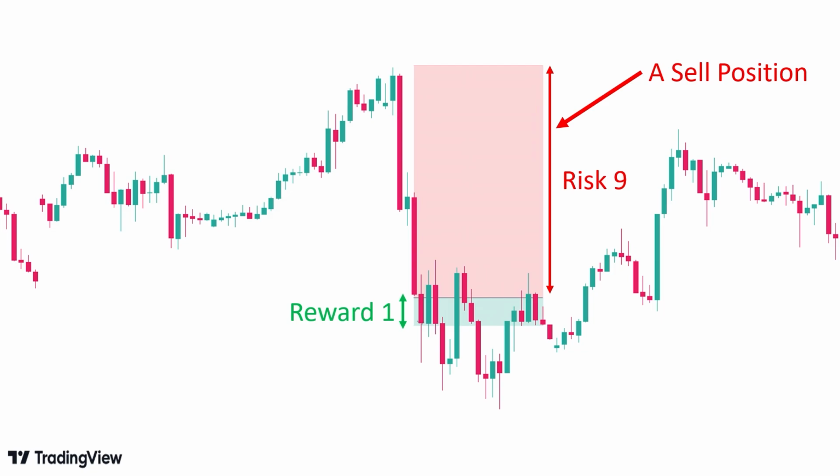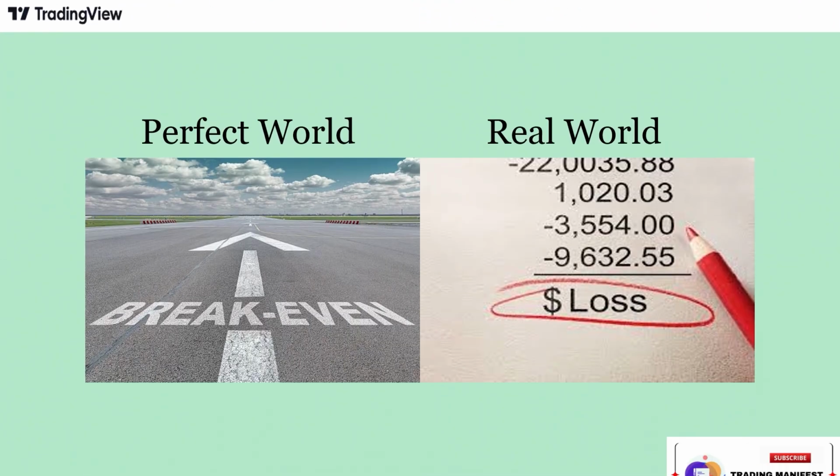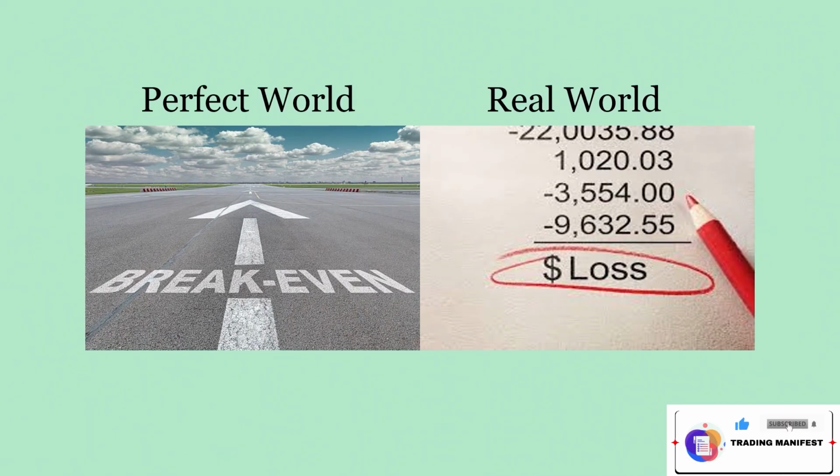What do you think our win rate would be in this scenario? The probability theory tells us that our win rate will be 90%. Now that's amazing, isn't it? No, it is not. Because in a perfect world, we will end up break even, and in the real world, we will have a negative P&L because of the broker spread and commission.